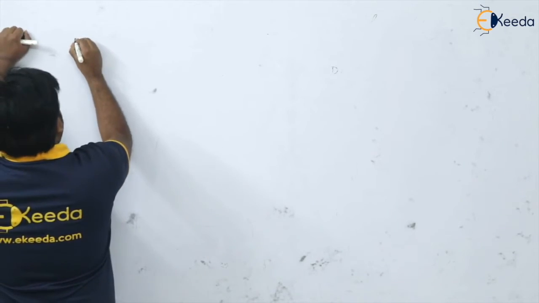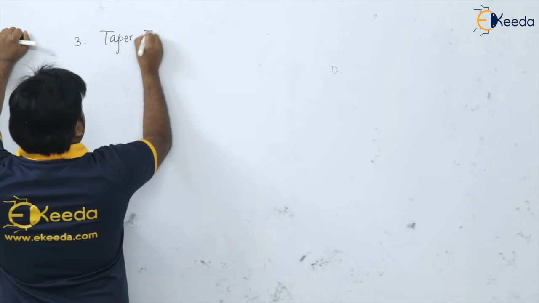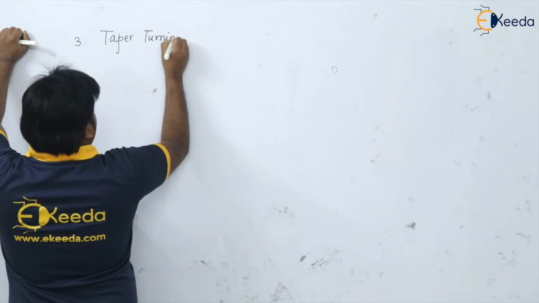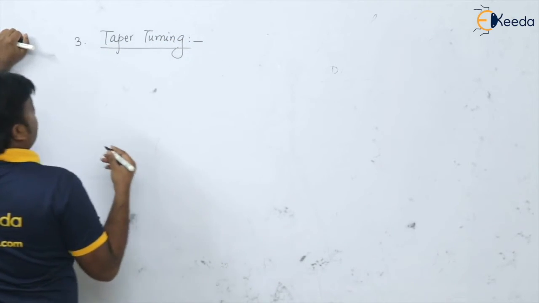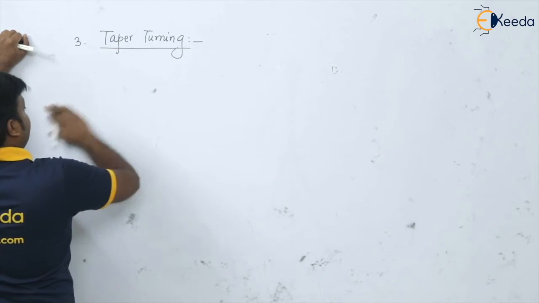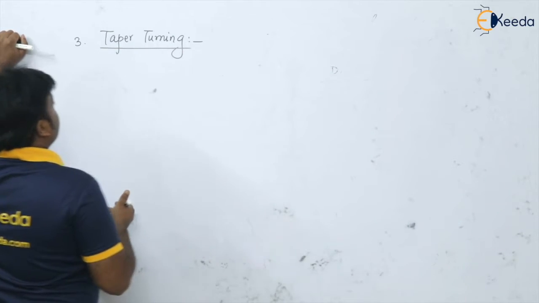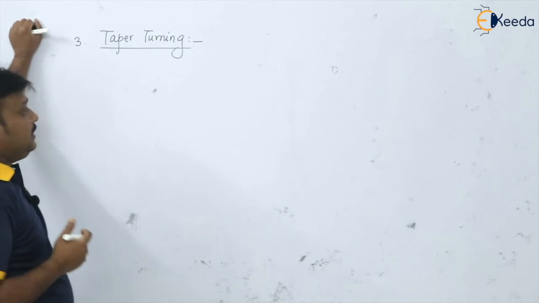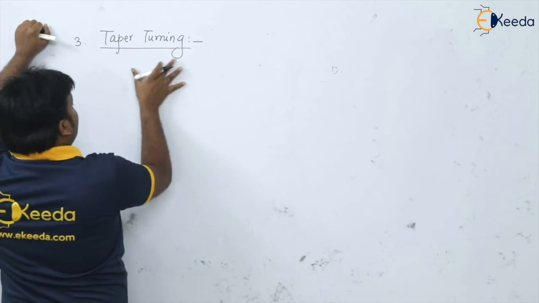The third operation on the lathe is the taper turning operation. We have the compound slide, then the offset method or set over method, and the form tool, for producing the taper on the given workpiece on the lathe machine. Here we are going to find the time.